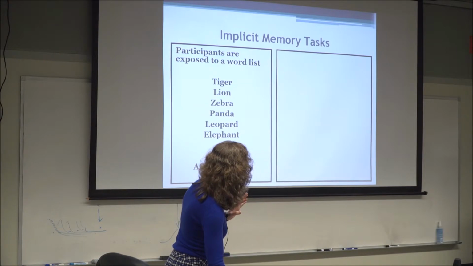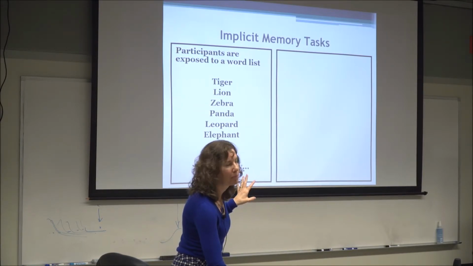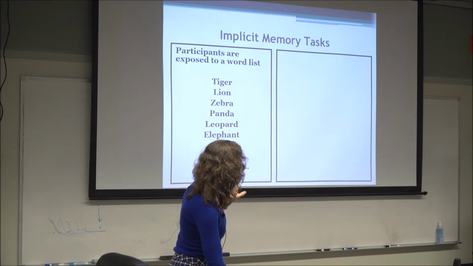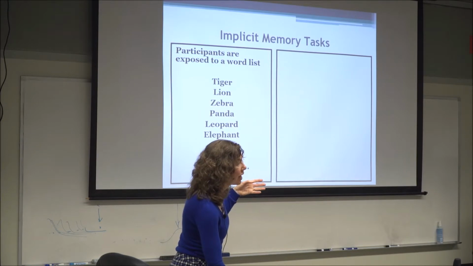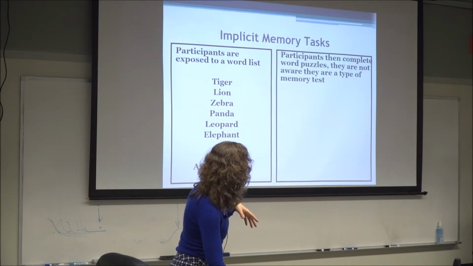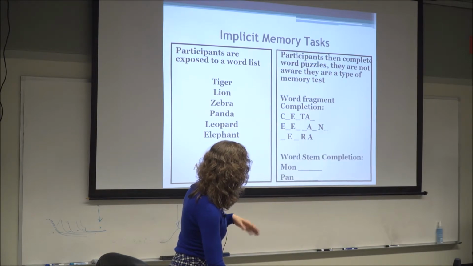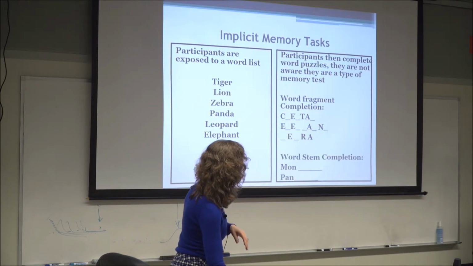Okay, now I'm going to show you 2 different ways of collecting information. One is to fill in and figure out what the word is, and the other is the first 3 letters, and you just have to say the first word that comes to mind. So you can try this yourself. Quickly fill in those word fragments. And here, give the first word that comes to mind.